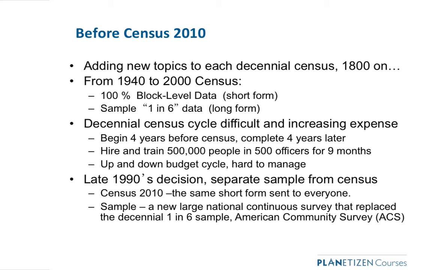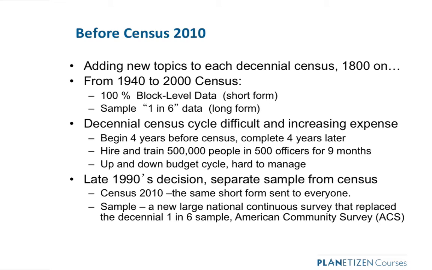Prior to Census 2010, new topics were added to each decennial census from about 1800 on. Remember, the first census was in 1790, and then every 10 years, the federal government has had a census and always produced population data.